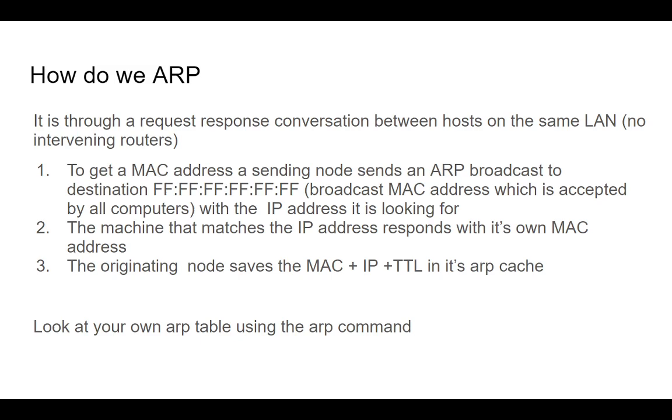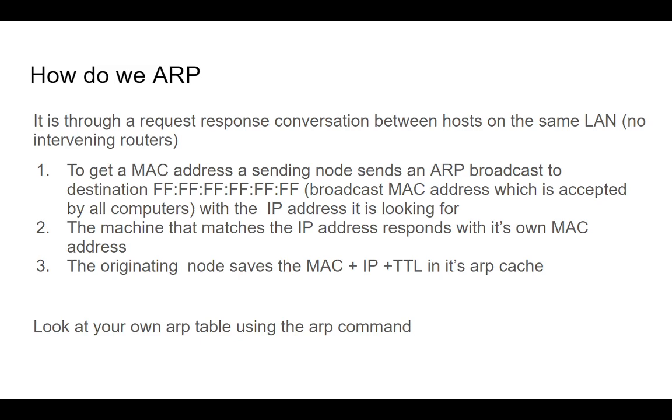So if I'm new on a LAN, let's say I want to ping something, then an ARP discovery will be sent. The ARP discovery is a special ARP packet that broadcasts to this MAC destination. You notice FFFFFF for the MAC address, that's all the bits on.